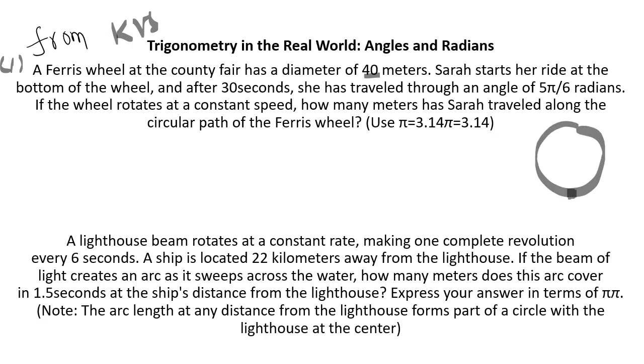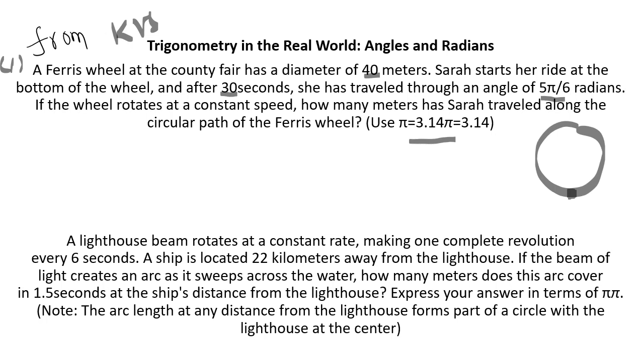After 30 seconds, she has traveled through an angle of 5 pi by 6 radians. If the wheel rotates at a constant speed, how many meters has Sarah traveled along the circular path of the Ferris wheel? The approximate value of pi is given.